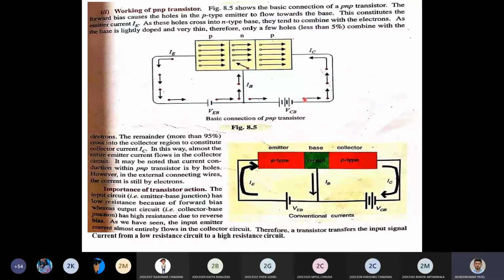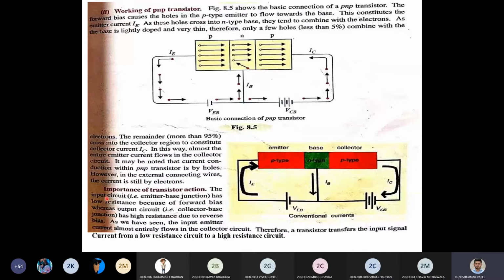The electron flow is different compared to the previous one, because this is a PNP transistor. Otherwise the theory remains the same, but here the majority charge carrier is holes in case of the PNP transistor. Otherwise all the things are the same, so I'm not reading it out.